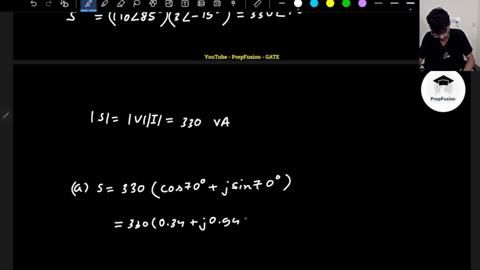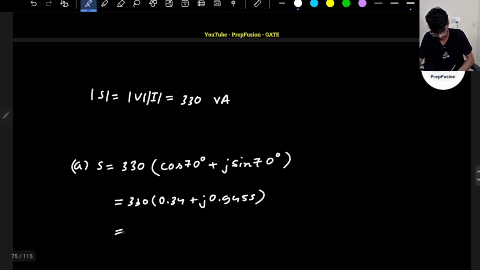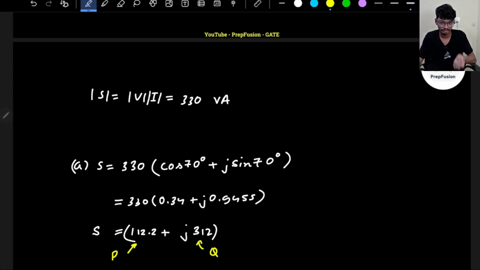So from here you can break it down into real and imaginary parts. So 330 into 0.94 will be j 312, plus, if I do 330 into cos 70, 0.34, it will be 112. Okay, this is the real part of the power. This is the reactive part. This is Q, and this is the real part basically.